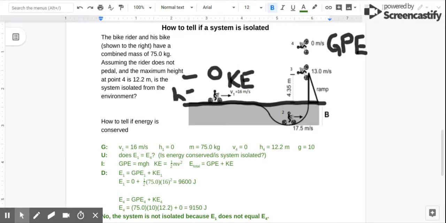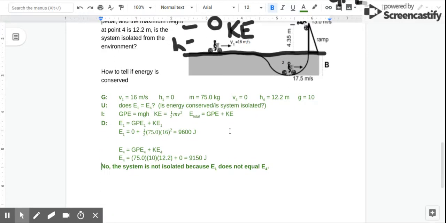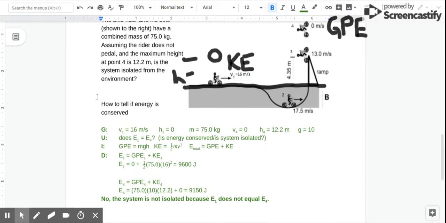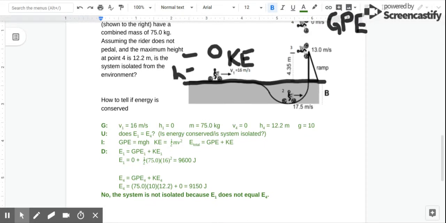So we're comparing those two numbers: E1 is 9,600, E4 is 9,150. Somehow we lost 450 joules. When things are like this, energy is removed. It specifically says that the rider does not pedal, so in this area of saying energy is always conserved, it was probably something the human did.